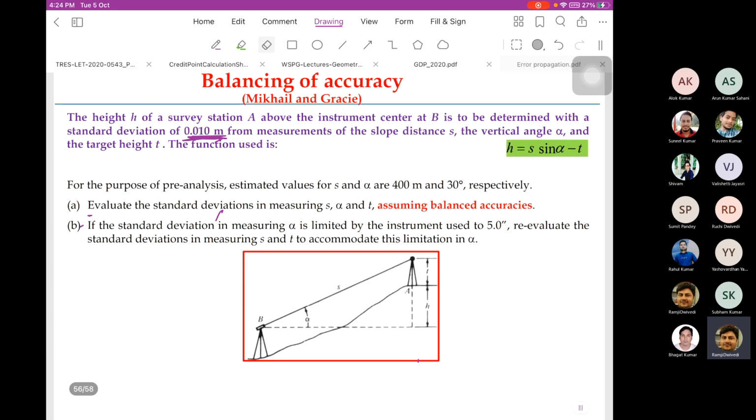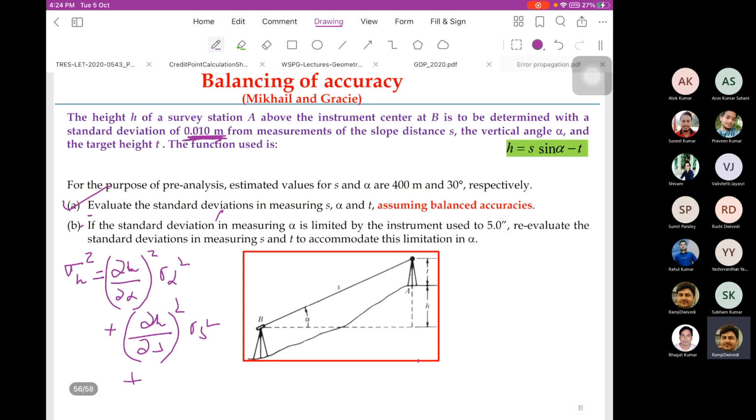What you will do, you will take the first case, assume the balanced accuracy case, and you will write the so-called error propagation: sigma h square is equal to del h by del alpha, sigma alpha square, plus del h by del s square, sigma s square, plus del h by del t square, sigma t square.